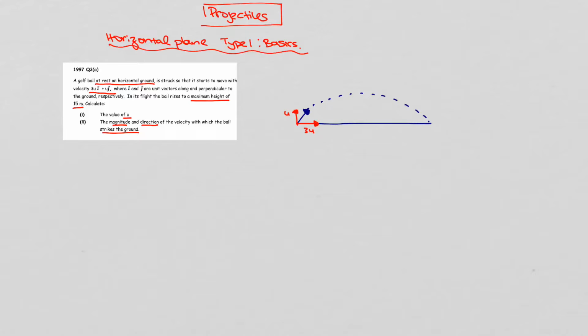We know that on landing sy will equal 0, so the displacement above the ground will be 0. We're told the maximum height is 15 metres in the y direction, and the maximum height occurs when the velocity in the y direction is 0.